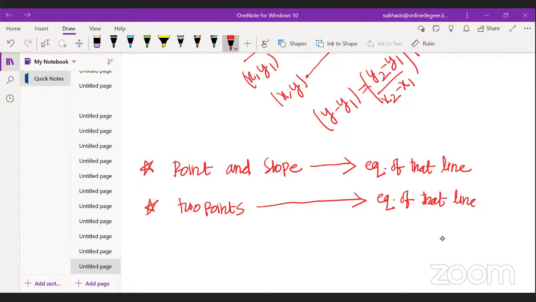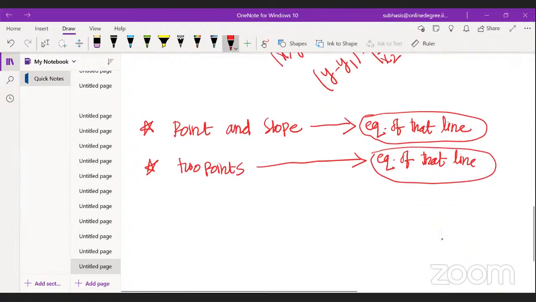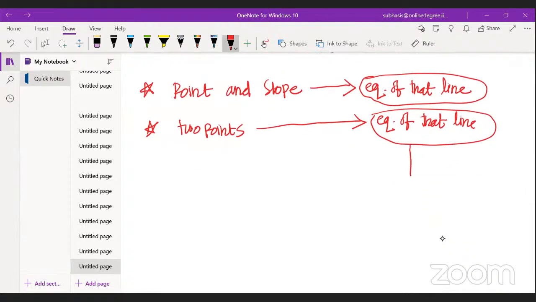So basically what this option is asking: you have an equation here, can you convert that equation into y-intercept form? Yes, sir. It is converted into that. This is what the first option is asking, right?